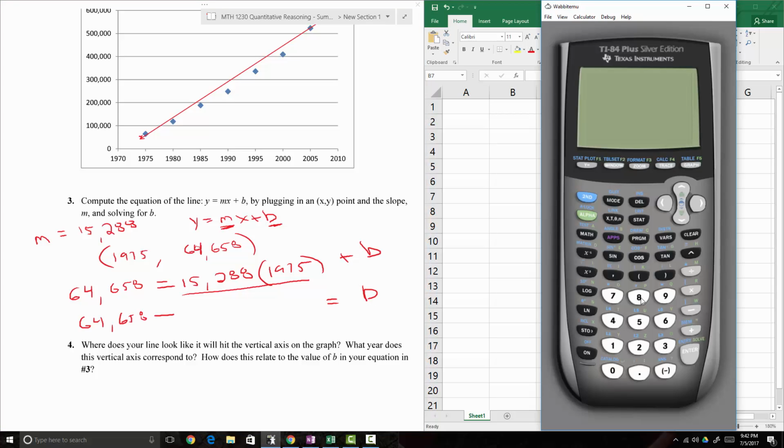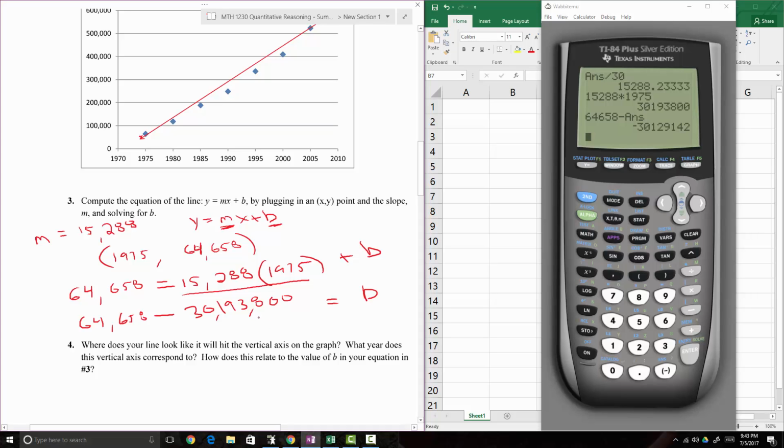So if I take 15,288 times 1975, I get that large value. Then I need to take 64,658 minus that answer, and we get that value for b. So we have to take this by this. That's 30 million.